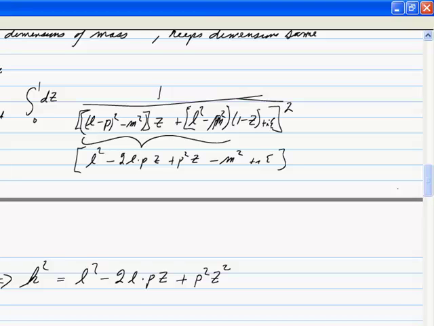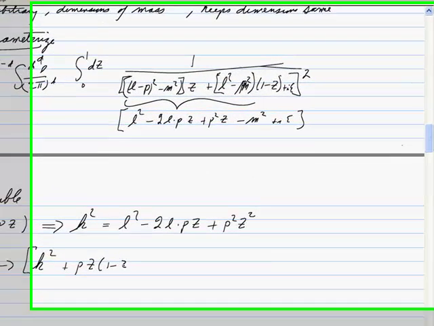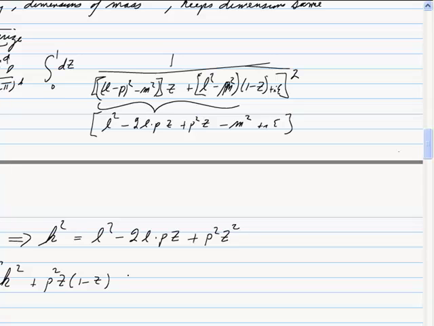If I've defined that, then this first term here is that first term here, and all I have to do is correct for this. So I'll write the denominator. The denominator goes to K squared, takes the first two terms there, plus P squared z(1 minus z), minus M squared.